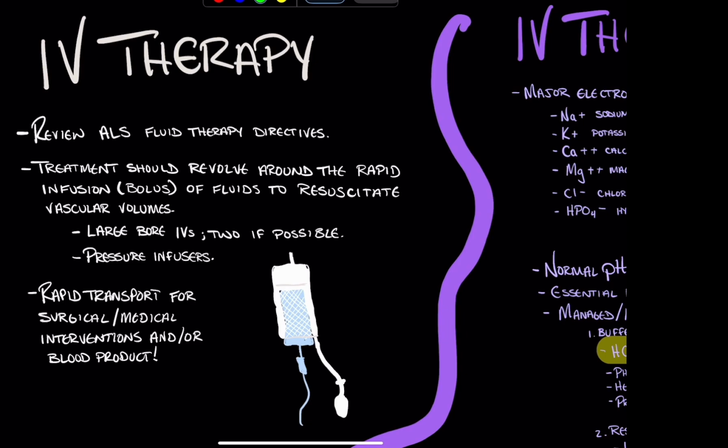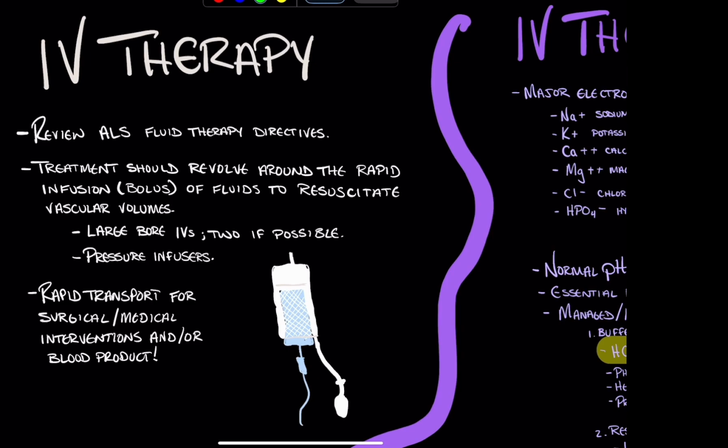But when we're dealing with shock and IV therapy for people who have dealt with a large amount of blood loss or distributive shock states or something like that, we're looking at trying to infuse this IV solution as quickly as we can. So this is what we call a fluid bolus in the medical field.